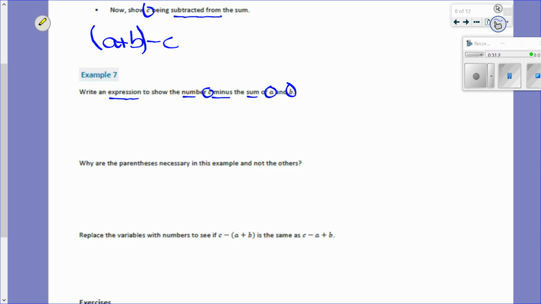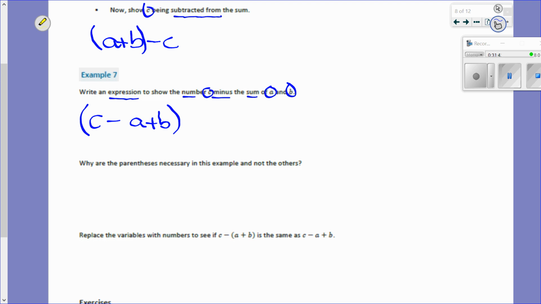Now, how is this one going to look? C minus A plus B in parentheses. Yep.